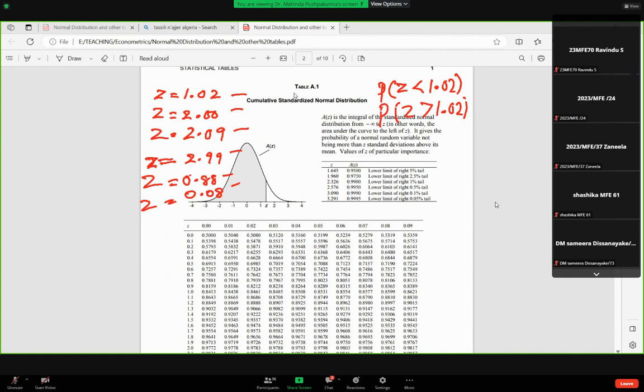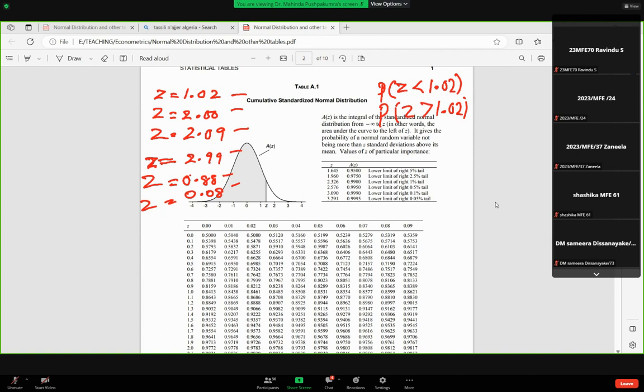Yes, I can see a few answers. One says that for the first one, I think Z equals 0.8461.